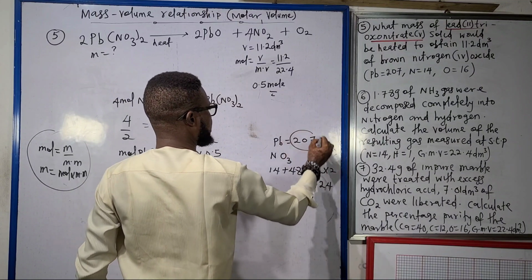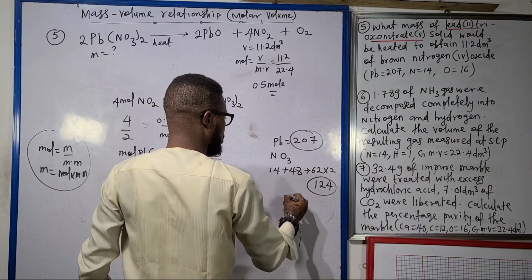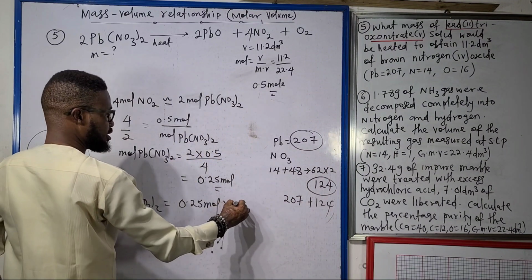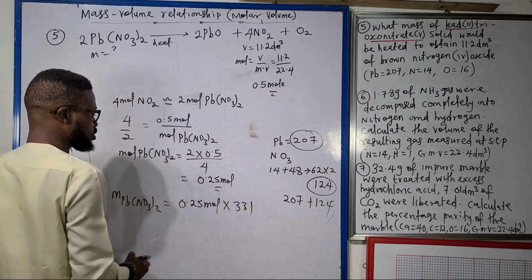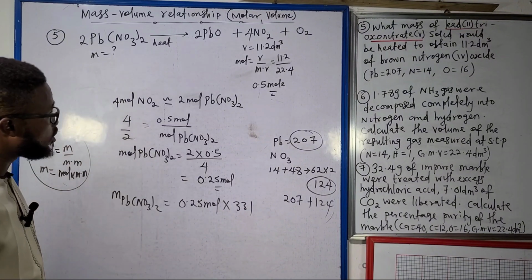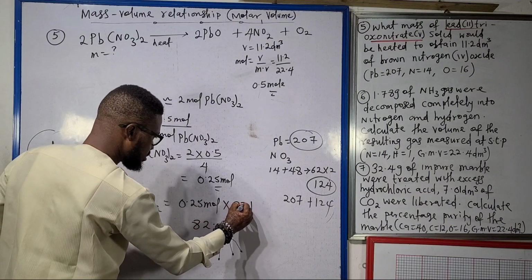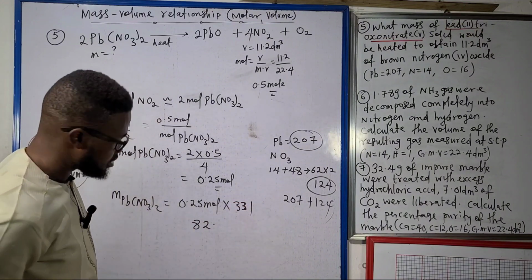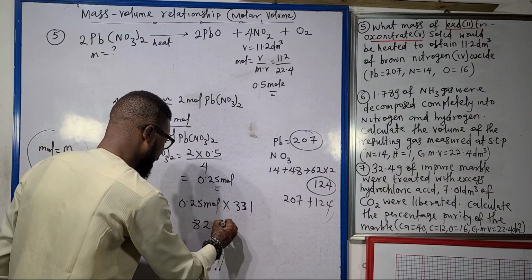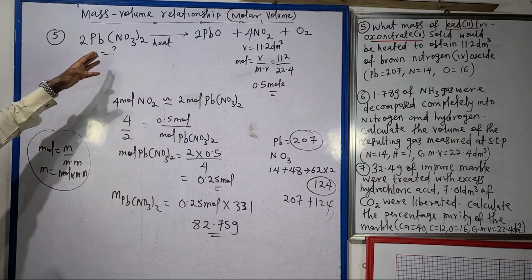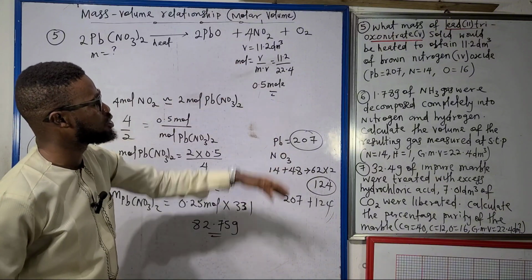So 207 plus 124, that is 331. So 0.25 times 331, that will give us 82.75 gram. That is the mass of lead trinitrate needed to produce this.